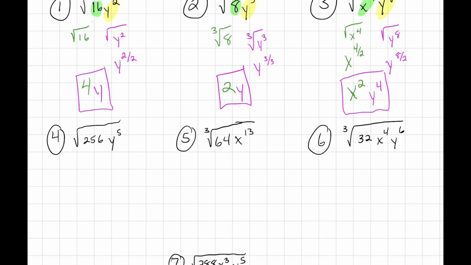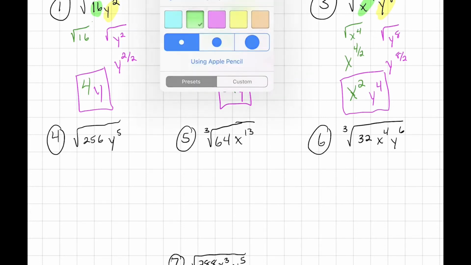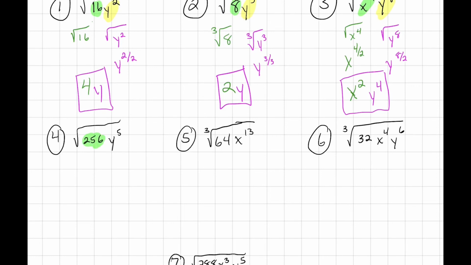So, taking a look at problem number 4, we're going to start with just our number, right? And the only thing that we're worried about is the square root of 256. Well, I know that the square root of 256 is 16. So I'm good there. Now, I have to move on to my variable in the exponent.